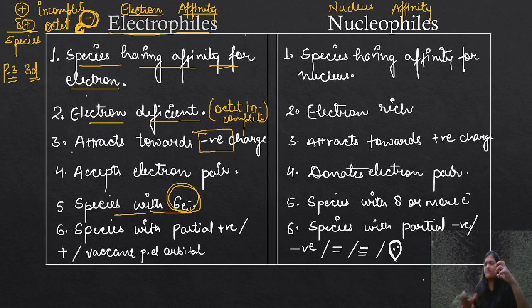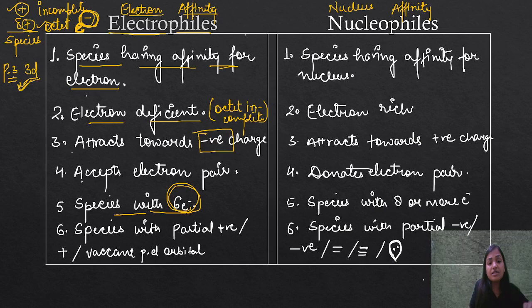So any of the thing showing attraction for electron for any of the reason, either because of the positive charge, or because of the incomplete octet having 6 electrons, or because they are having vacant orbitals, they are said to be electrophilic. So I would say guys, any of the species that accepts electron pair for any of the reason is said to be electrophilic.